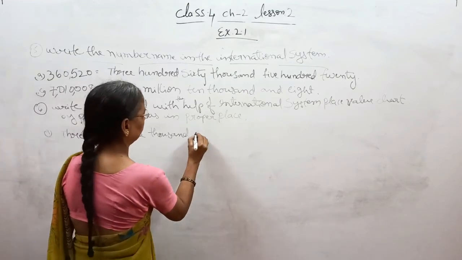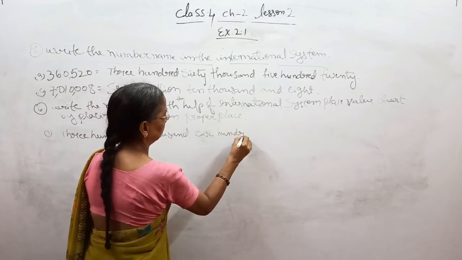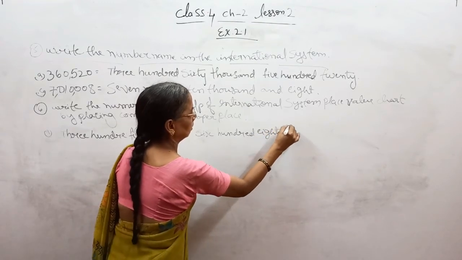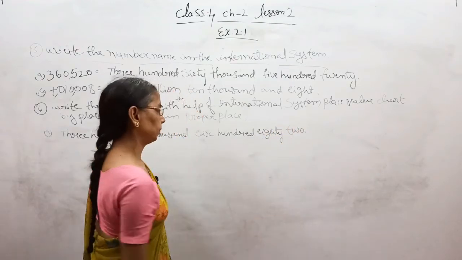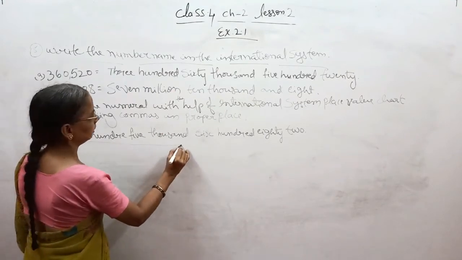305,682. It means the 3 digits are these.